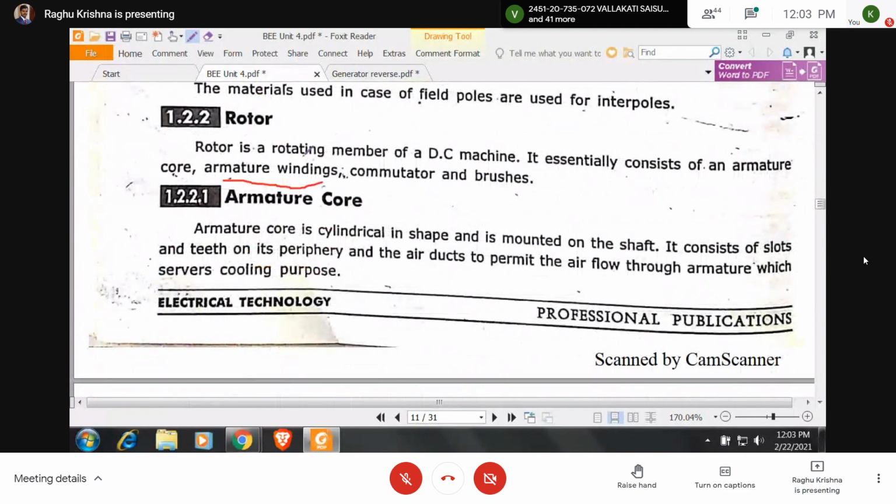So here the rotor consists of armature core, armature winding, commutator, and brushes. Actually, the brushes are stationary.